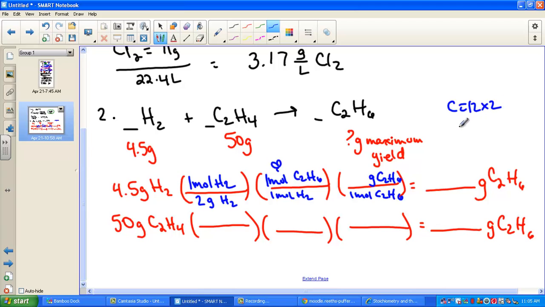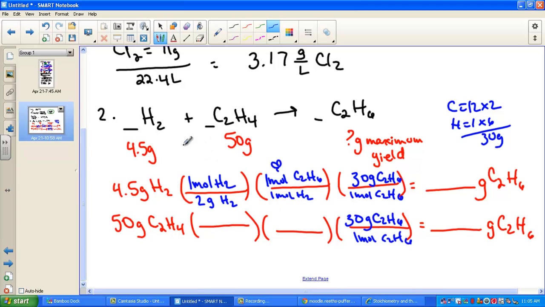Carbon is 12, but there's 2 of them. Hydrogen is 1, and there's 6 of those. 24 plus 6 is 30 grams. So the molecular mass is 30. You know what? That'll be the same in the last problem here. We have the same target, so I'll just go ahead and put that down twice. I know that we'll be using it.